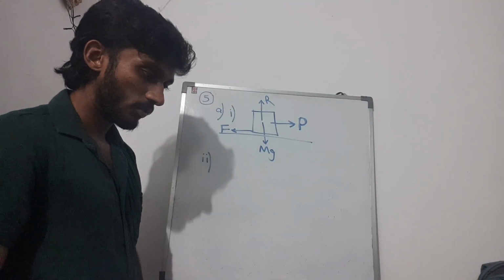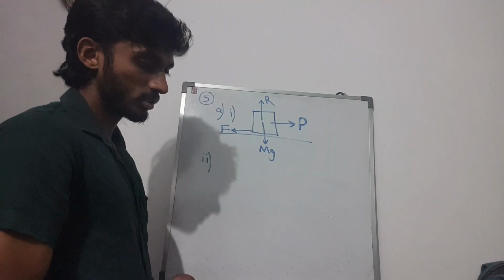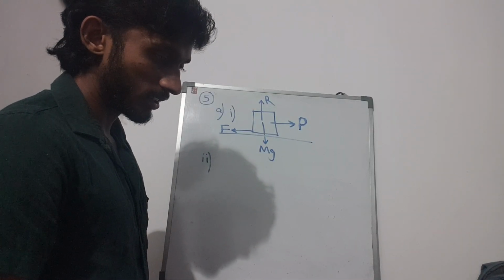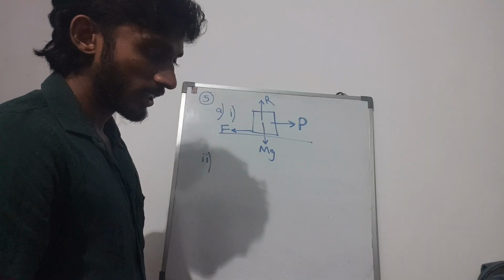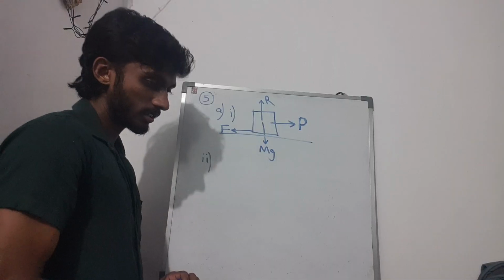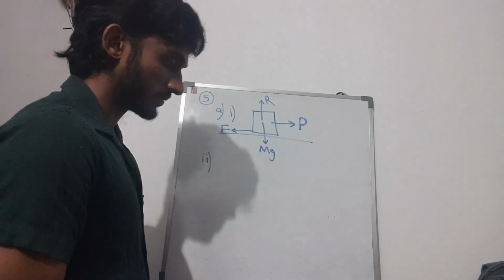Sketch a graph of friction and the horizontal force, from the initial position until the block moves with acceleration. Mark the limiting friction and dynamic friction force.